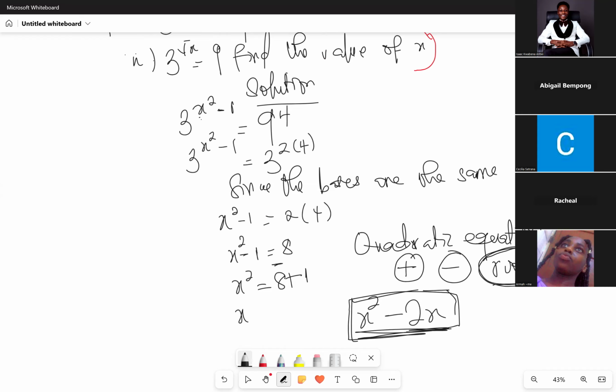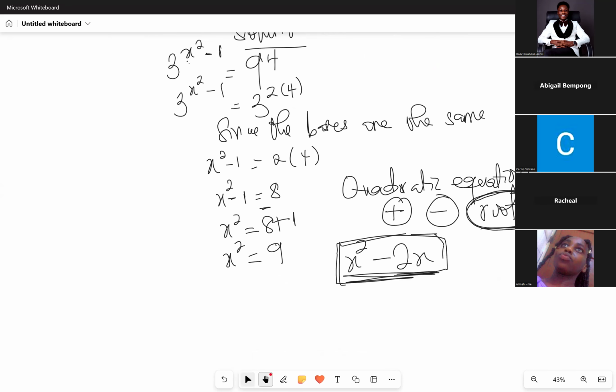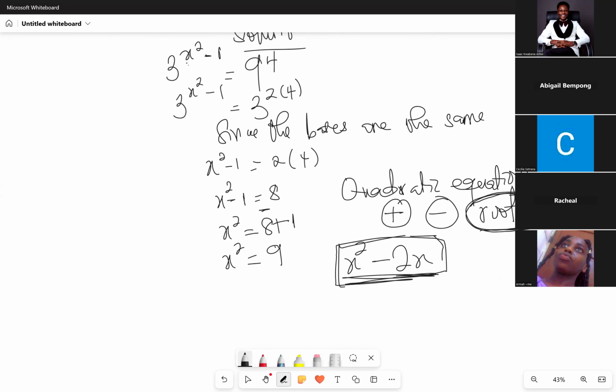So we have x squared equals 9. Then now, you are looking for x. It's squared, so take the square root. Normally powers have a relationship with roots. So square has a relationship with square root.